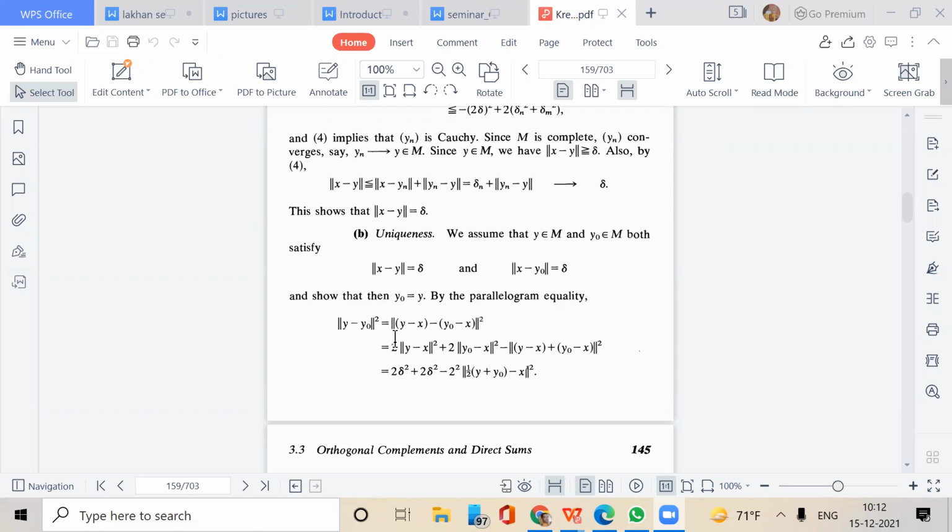In the next step it is equal to 2 into norm of y minus x square plus 2 into norm of y naught minus x square minus norm of y minus x plus y naught minus x square. This is by parallelogram equality.